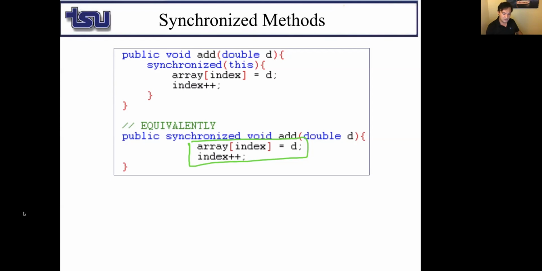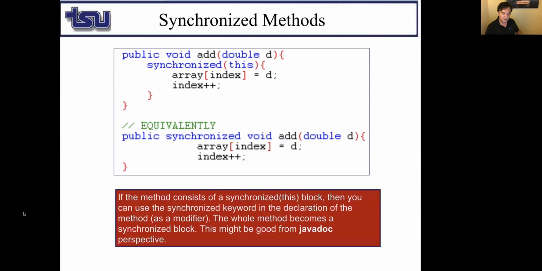And this one is better in the sense that there is something we never discussed, called Java docs. So Java documentation, for each method, you can create some kind of HTML or some kind of documentation.